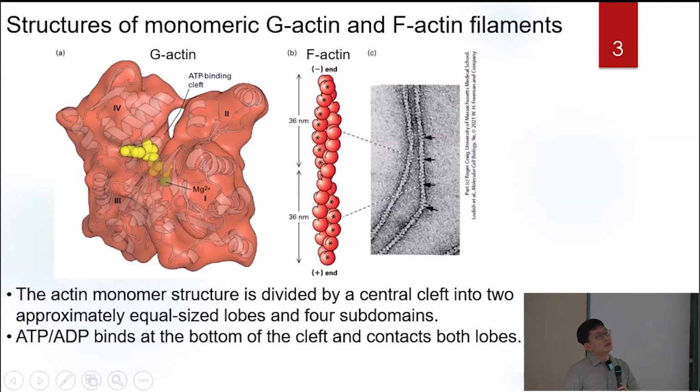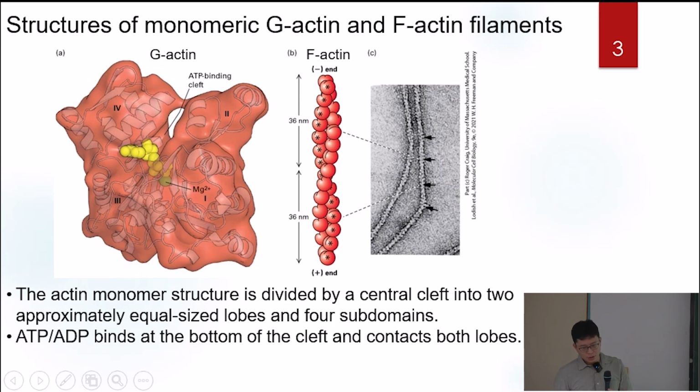Actin is formed from the actin monomer called G-actin. In the G-actin structure, you can see in the center there is an ATP binding cleft. ATP or ADP can bind at the bottom of the cleft, and G-actin is formed from four subdomains.